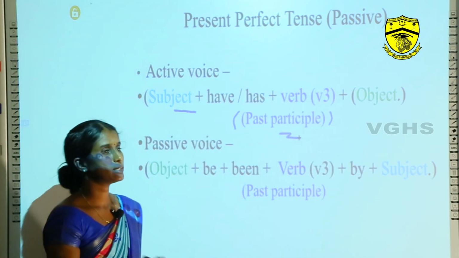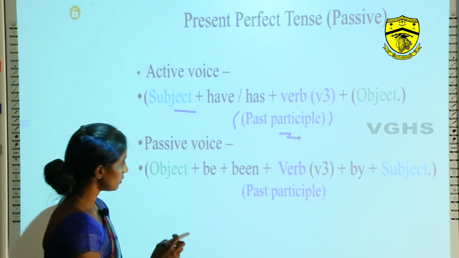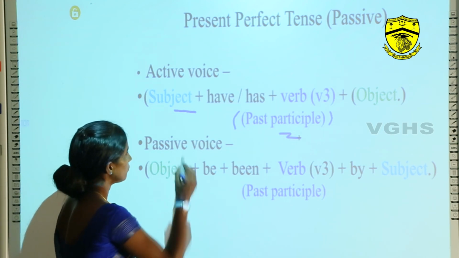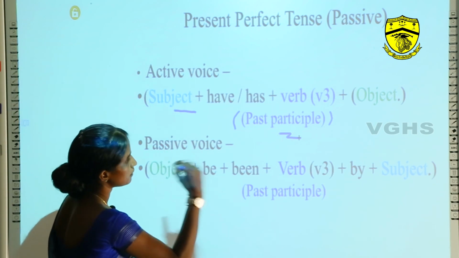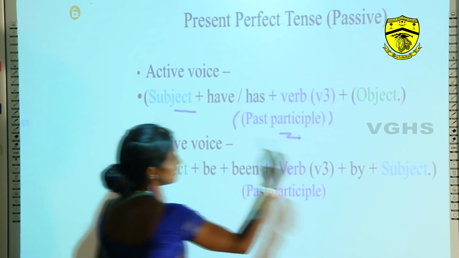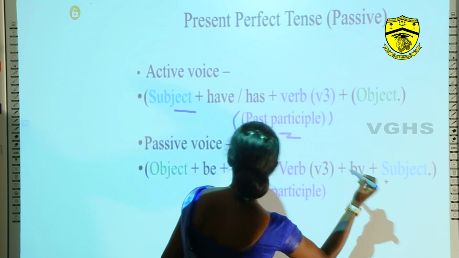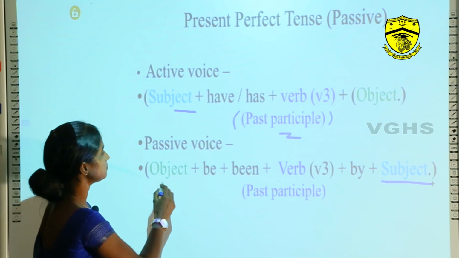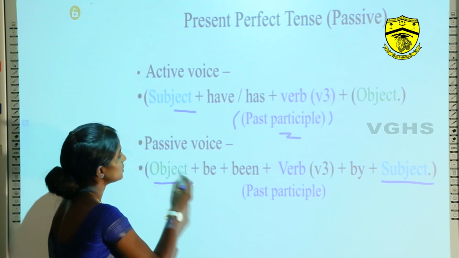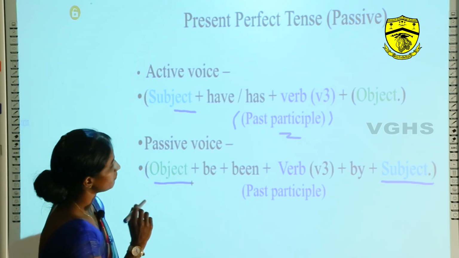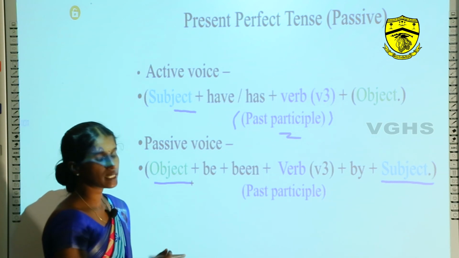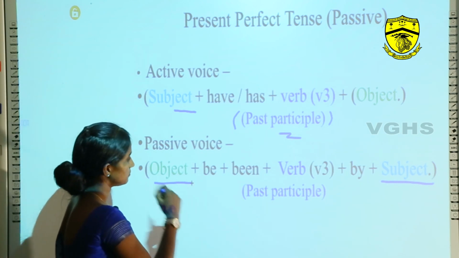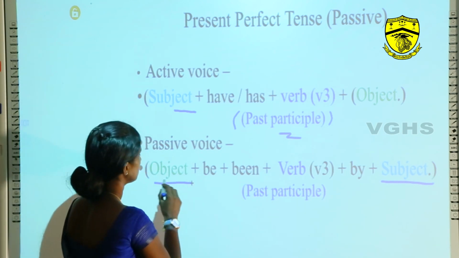When we convert active voice into passive voice, the subject comes in the place of the object, and the object comes in the place of the subject. So we identify what the subject is, what the object is, and what the verb formation is. Then we make the sentences.